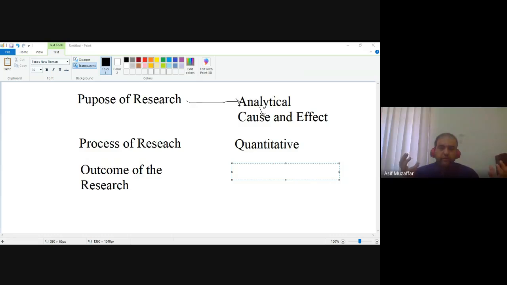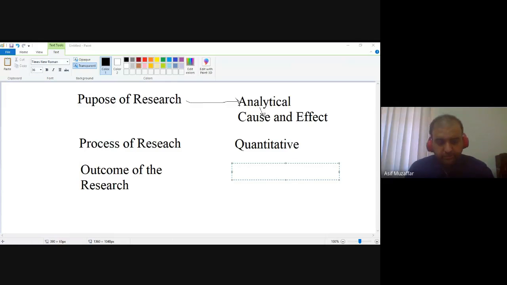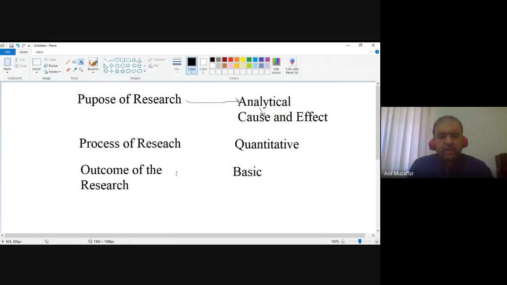It is not a solution; it is just some insight, some new knowledge about it. So you need to tell me whether it is applied or basic. Basic. Good, it will be basic research, because I'm not necessarily finding a solution to a problem. I'm just providing insights, new things about that model.